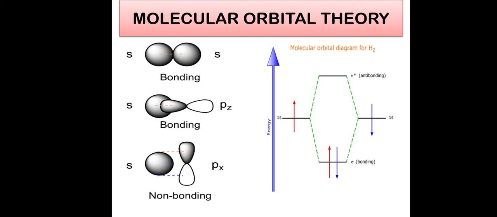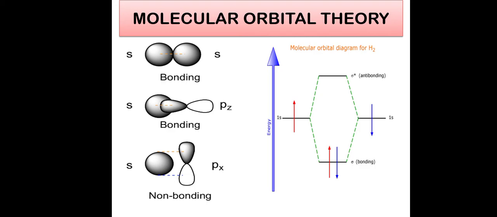While an electron in an atomic orbital is influenced by one nucleus, in a molecular orbital it is influenced by two or more nuclei depending upon the number of atoms in the molecule. Thus, an atomic orbital is monocentric while a molecular orbital is polycentric.